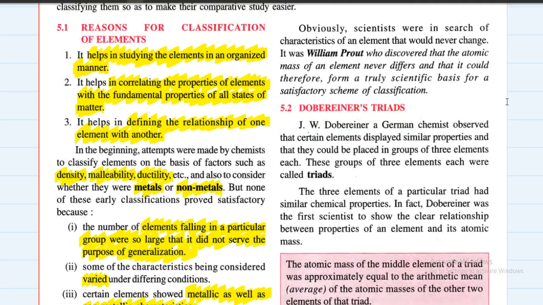Atomic number was discovered only after the discovery of electrons, which happened in the early 20th century. So that is a long time to go from what we are studying right now. What we are studying right now is like the birth of the periodic table. At that time, atomic number was not known.